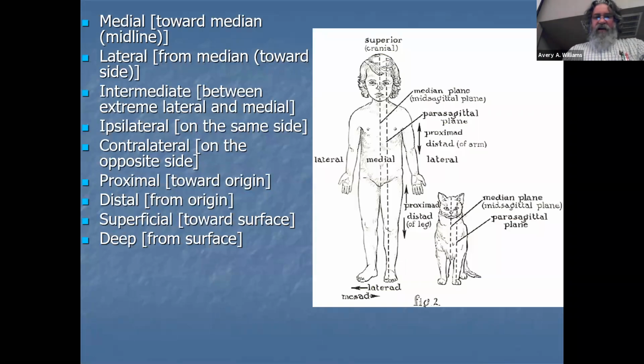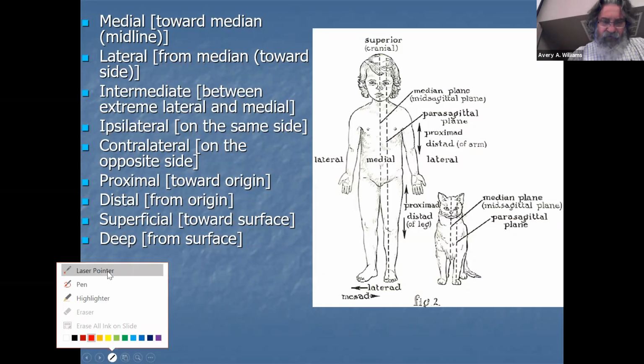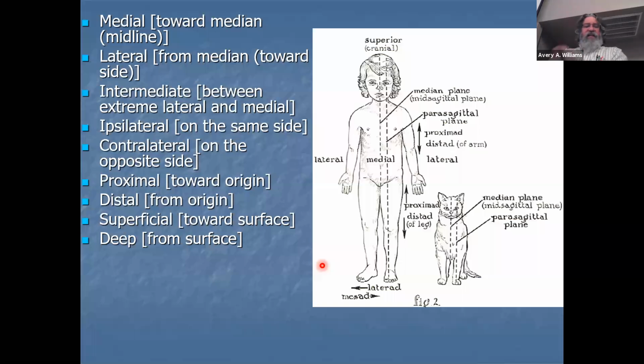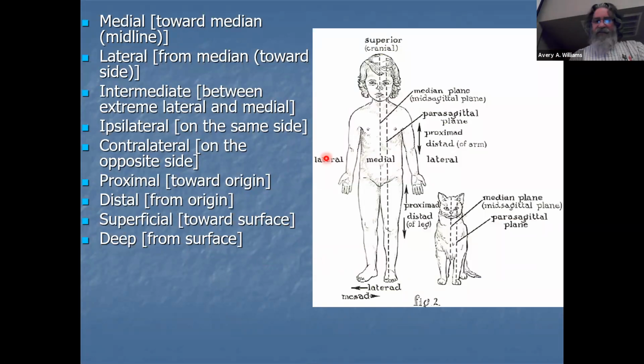Ipsilateral, on the same side. Okay, we didn't talk about contralateral or anything like that. Ipsilateral is on the same side of the body, and contra, get it, is on the opposite side of the body. I probably gave you the example of ipsilateral structures like the gallbladder and the appendix.